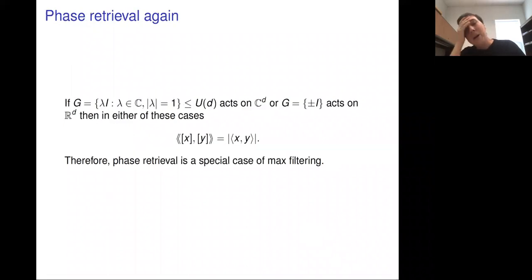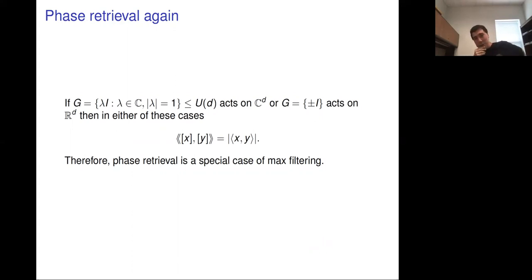Okay, and then just to make sure it's clear, in the phase retrieval case, I was calling this group the torus before, but now to think of it as a group of matrices, I think of it as scalar multiples of the identity. That will act on CD effectively as multiplying by those scalars.